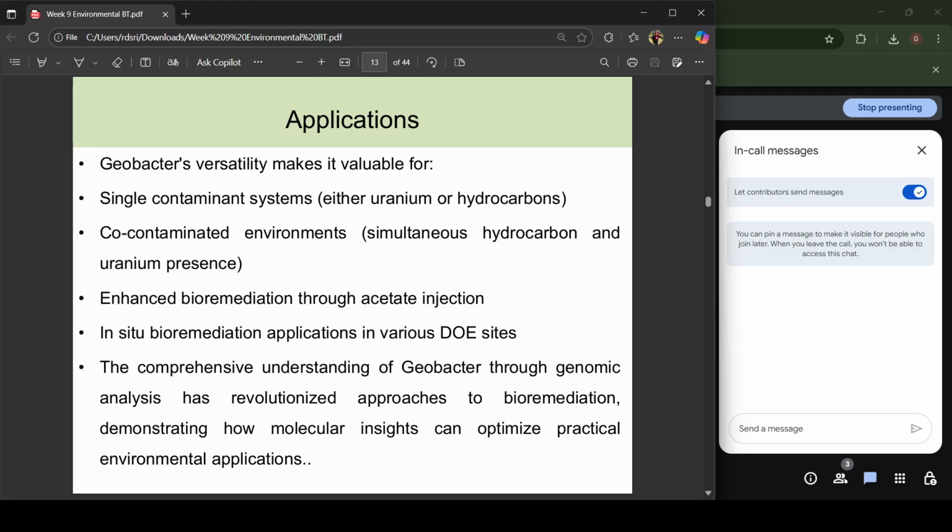Hence there is rapid electron production, and acetate acts as a very good electron donor. It yields energy through electron transport to the terminal electron acceptors. All this happens rapidly, so we see enhanced bioremediation through acetate injection.